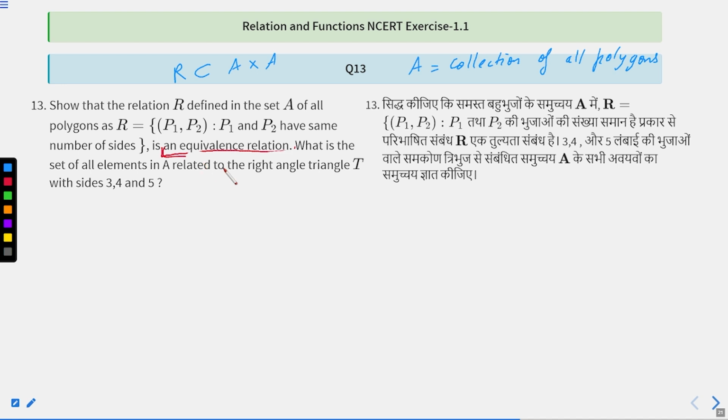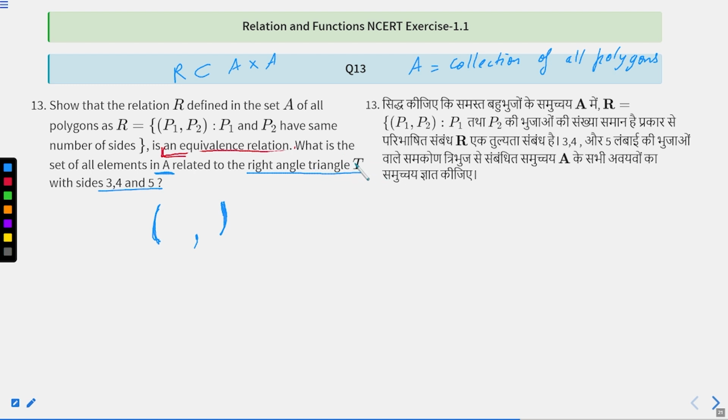Now, the other part of this question says, what is the set of all elements in A related to the right angle triangle T with side this? Okay, so we are asked that if I want to know pairs, so what pairs?